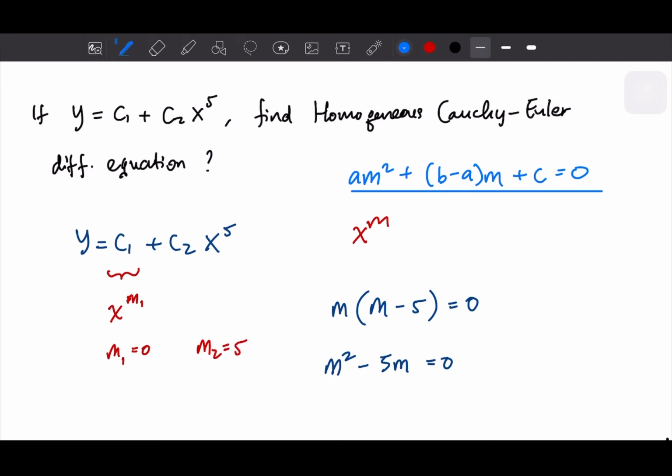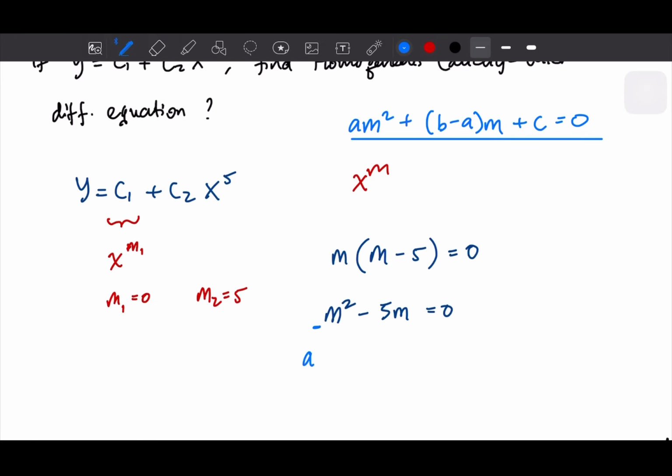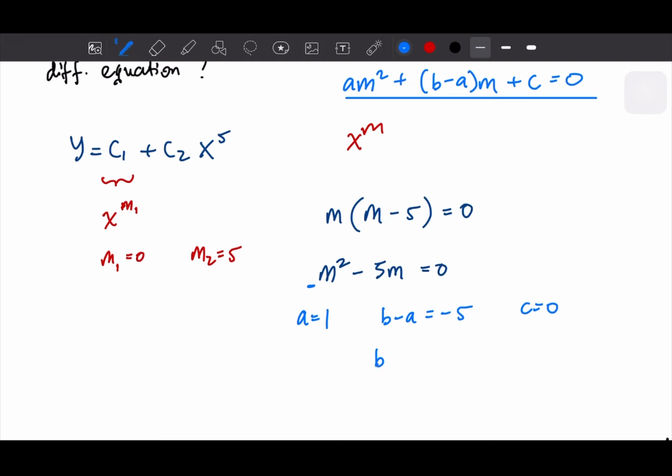Now we could determine from here that a is 1, b minus a is minus 5, and c is 0. Okay. So b is minus 5 plus 1, which is minus 4, which means that we only need this a and b.